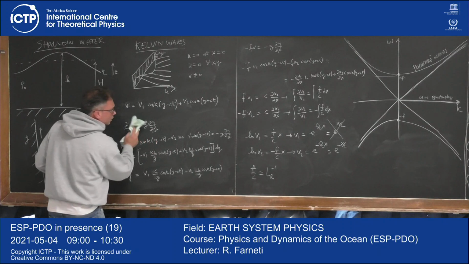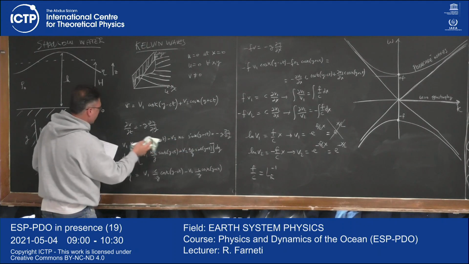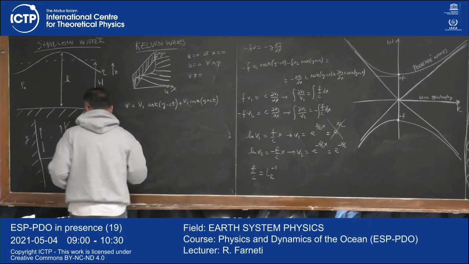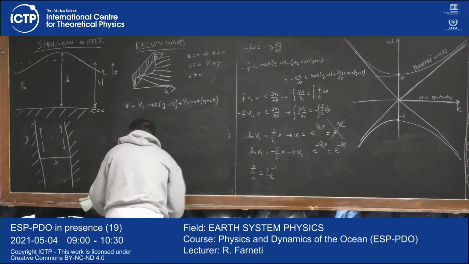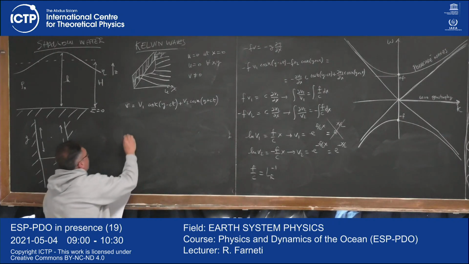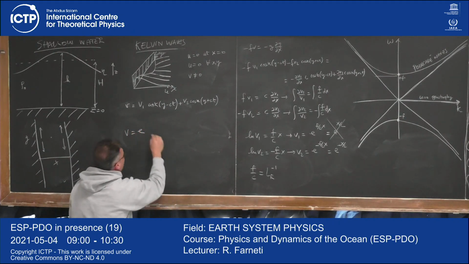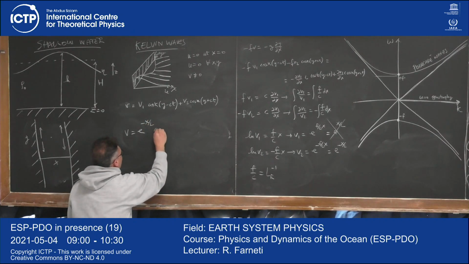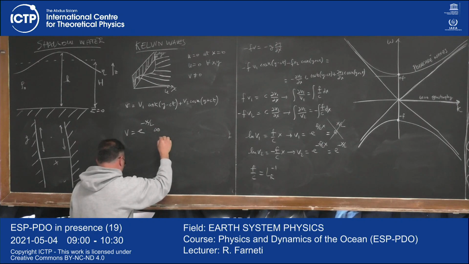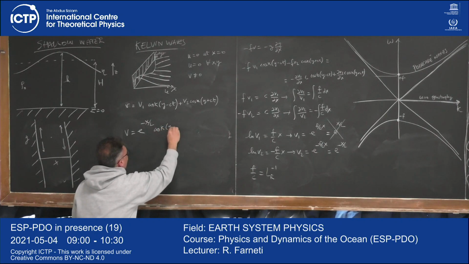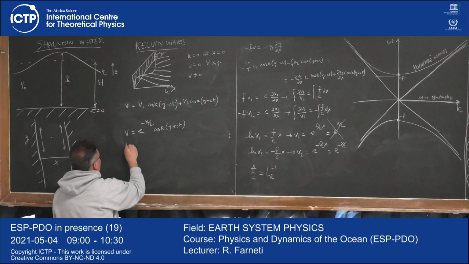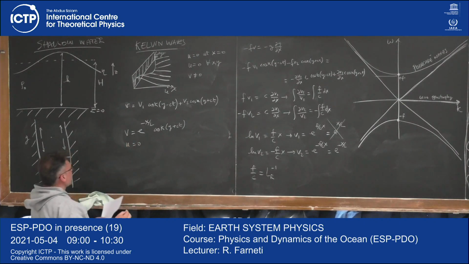So our solutions, if we take V2, the second solution, are going to be V equals e to the minus x over the Rossby radius, times cosine of (ky plus ct). U is going to be 0; we said that from the beginning.